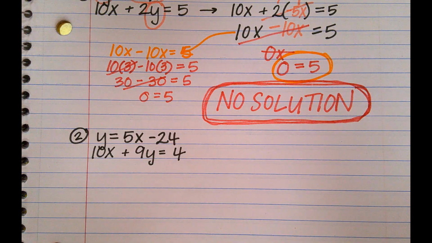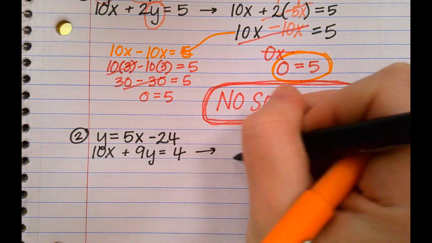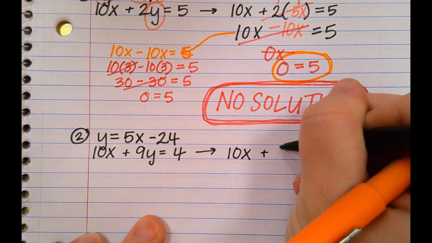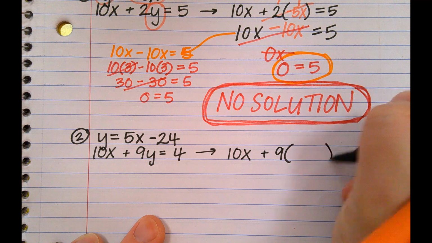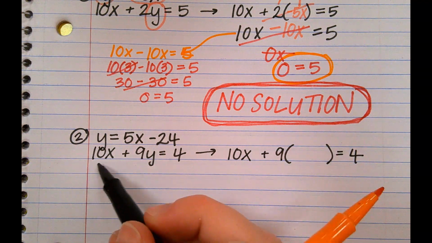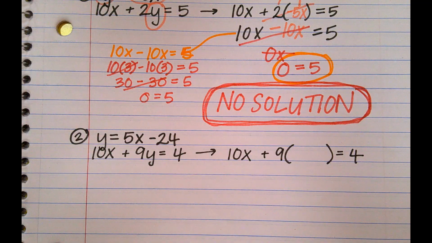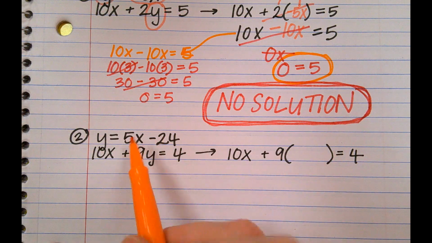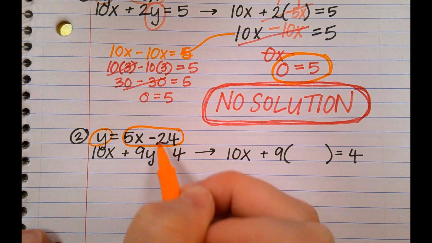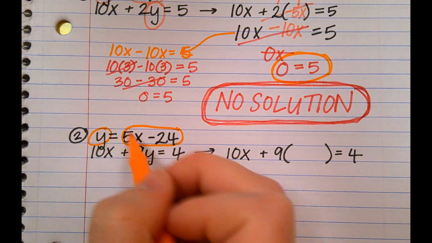I guess bring the 10x down, and then plus 9 with the parentheses. Yes. 5x minus 24. Perfect. Then a parenthesis and then a 4. Perfect. Okay, so we just rewrote that second equation, 10x plus 9 times, instead of y, I left parentheses because I'm going to plug in this 5x minus 24 because this is equal to y.